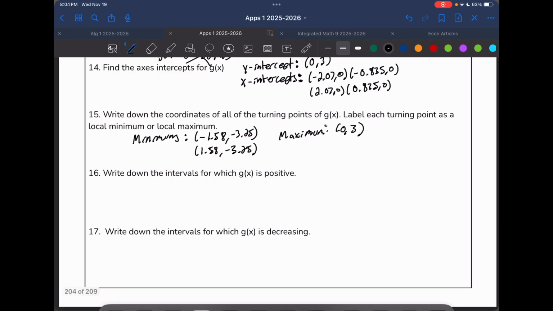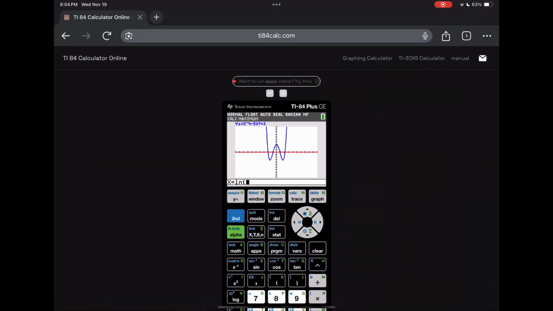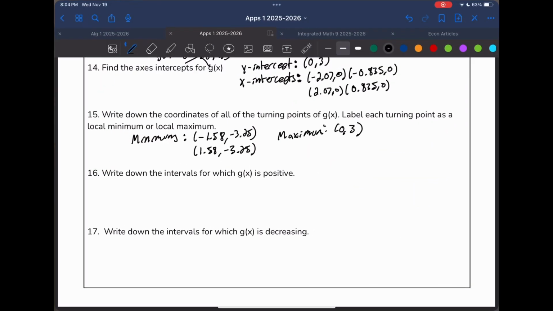And then the intervals for which it is positive. So that is if x is less than negative 2.07, or if we are between negative 0.835 is less than x is less than 0.835, or if x is greater than 2.07, right?